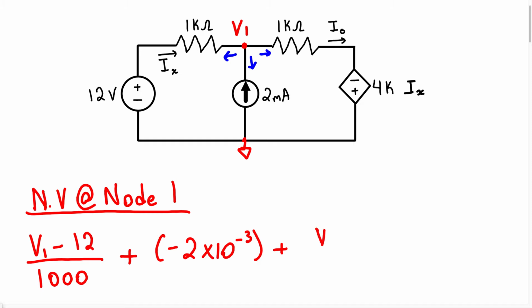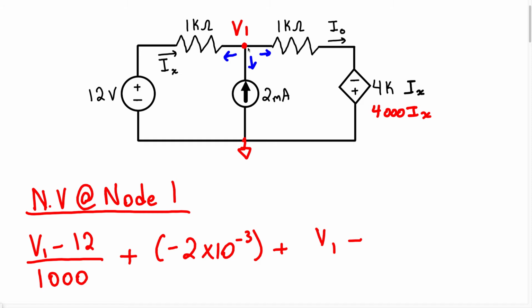So we're going to have V1 minus this voltage source here, which they label as 4KIX. So let me just rewrite this as 4000 IX, right? So 4000 IX, which means this is a current dependent voltage source.